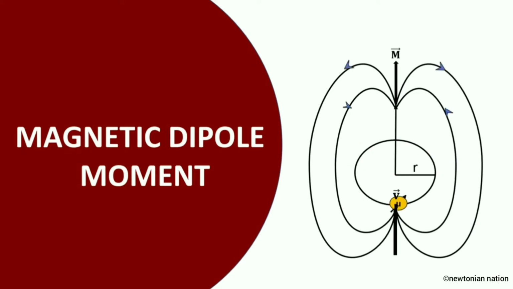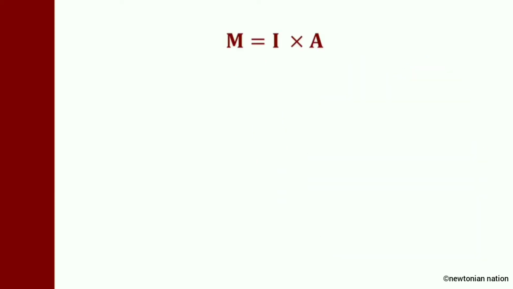Magnetic dipole moment is calculated by the formula M equals I into A, that is, the product of current and its area. I is given by the formula Q divided by T, where Q stands for the charge of the muon, which is the same as that of the electron, and T is given by the formula 2 pi r divided by V, where 2 pi r is the circumference of the circle.